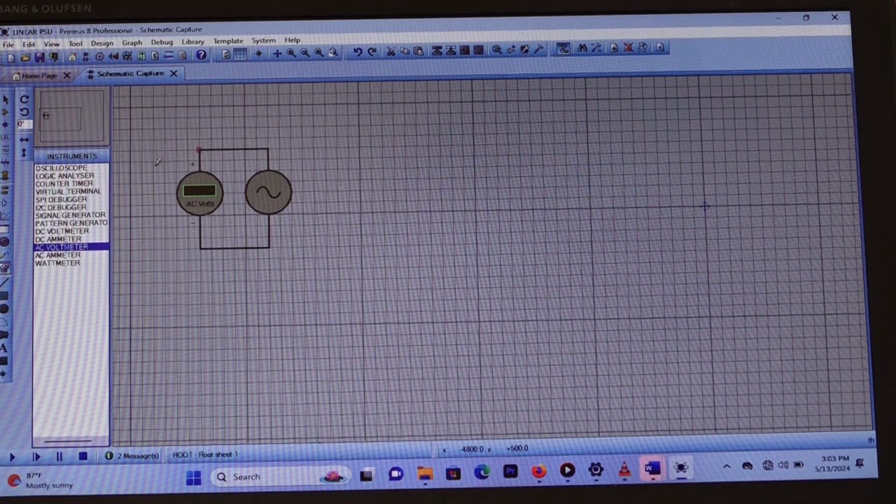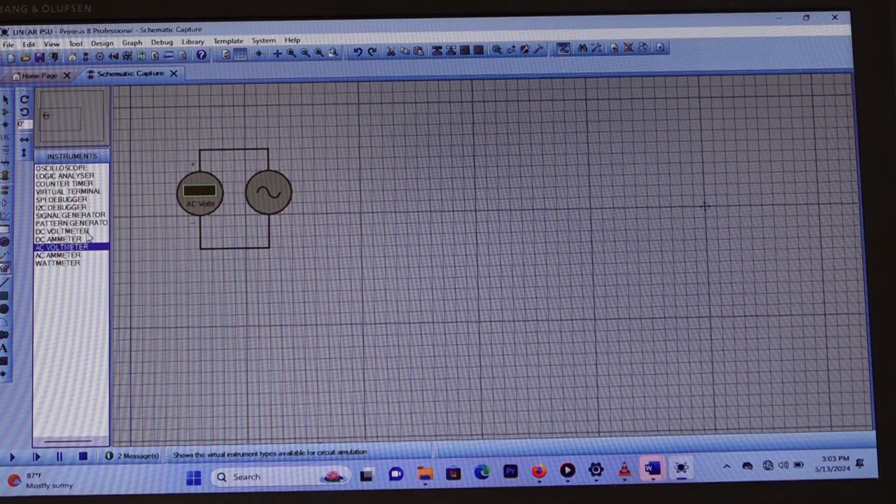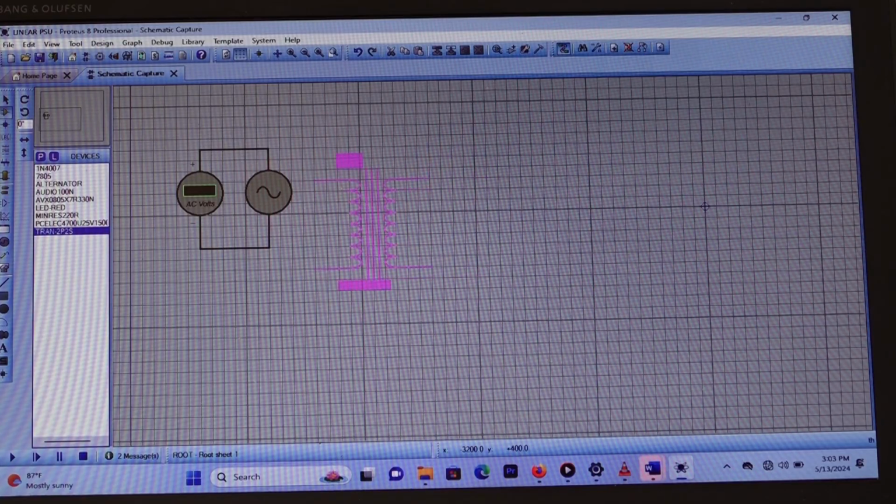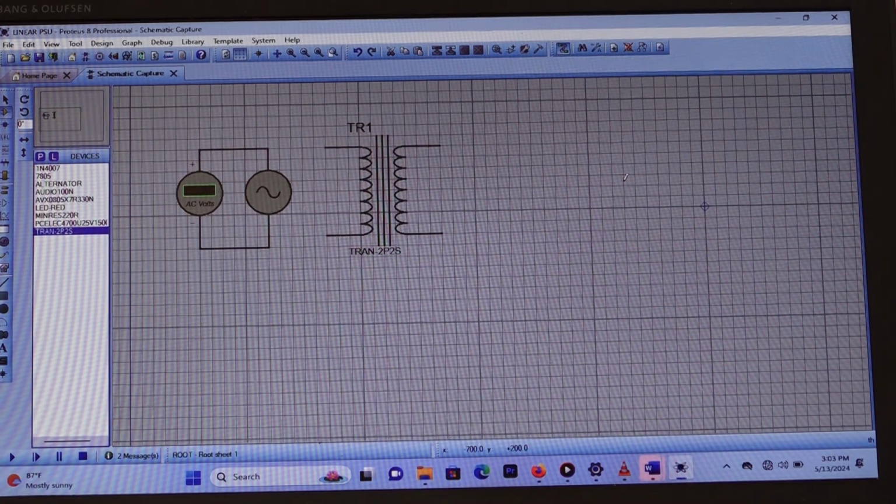Then we need to take a simple step-down transformer. So you have to come back to the component mode. So where is our transformer? This one. So we have our simple transformer.